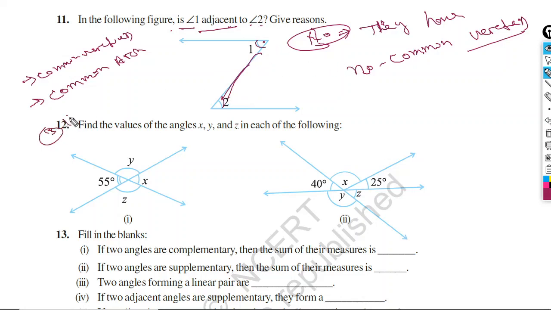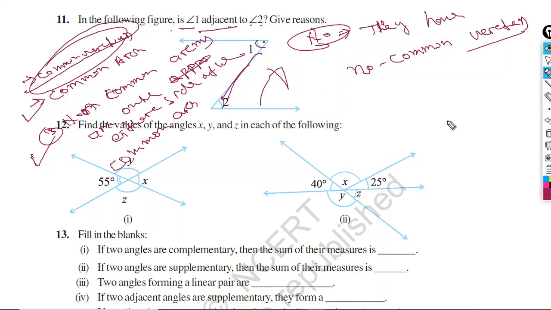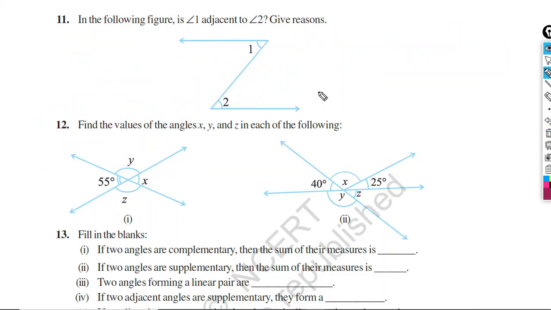Third one is non-common arms are on either side of the common arm. So it is satisfying condition number 3 and condition number 2, but it has no common vertex. So angle 1 and angle 2 are not adjacent angles.